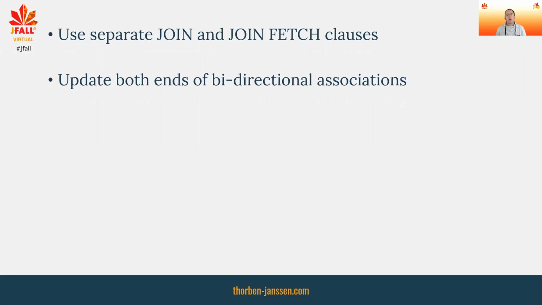And if you're working with bidirectional associations, it's essential to update both ends of the association. Otherwise, you either have inconsistent entities in your current persistence context until the end of your session, or even worse, the actual operation might never be performed on the database.